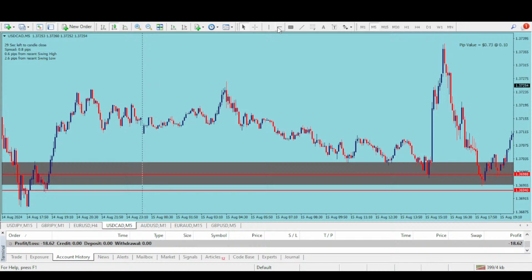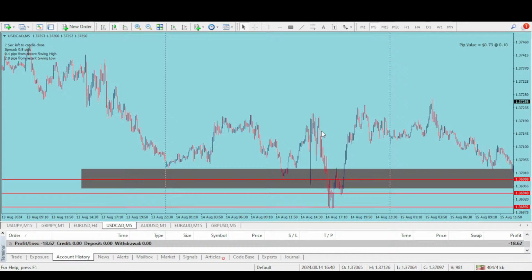And what happened? It moved all the way down to, let's check our nearest swing. Our nearest swing, okay, we have something here.